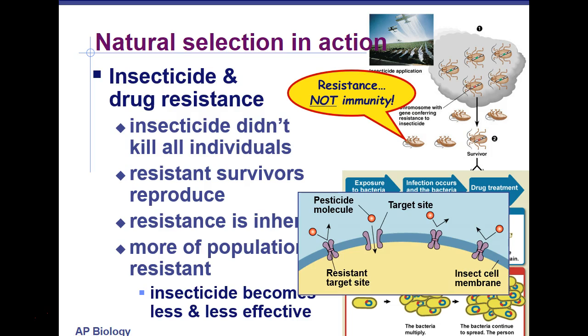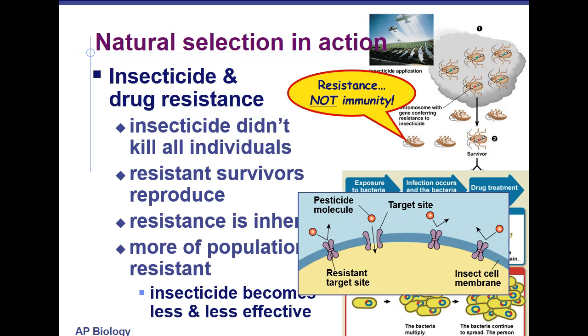So the resistance gene actually leads to a differently shaped cell membrane protein, which now does not allow the pesticide molecule in, and that is why those individuals are able to survive and reproduce.